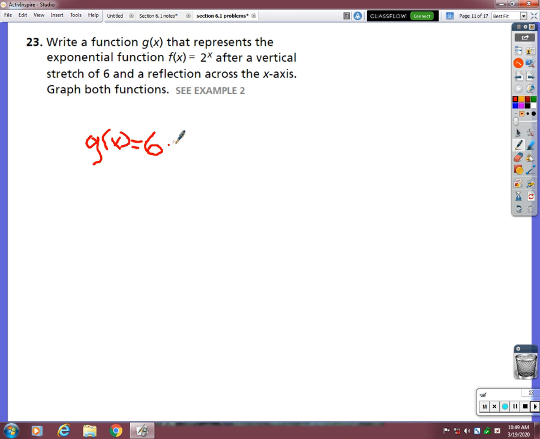I'm going to throw a 6 out in front there. So 6 times 2 to the x. That is our vertical stretch of 6. And then a reflection across the x-axis means that I have to put a negative in the very front. So negative 6 times 2 to the x. There's my reflection across the x-axis.